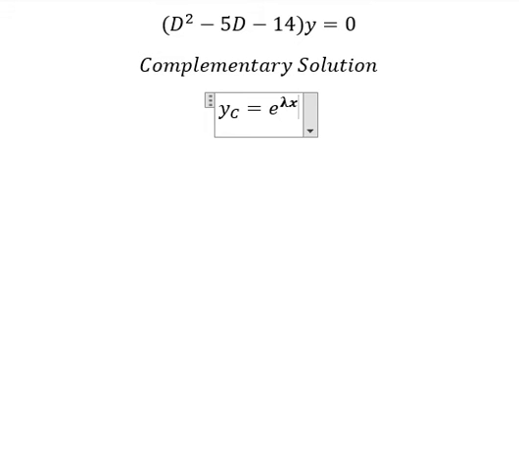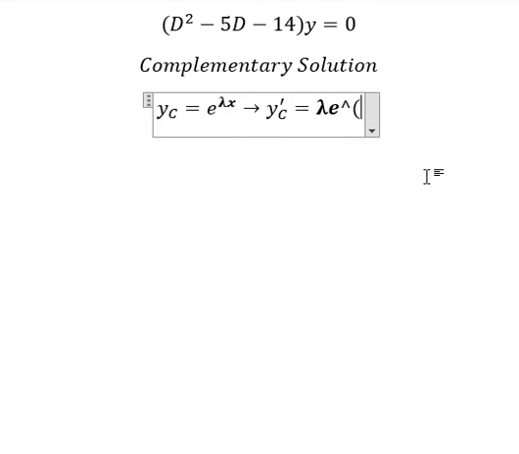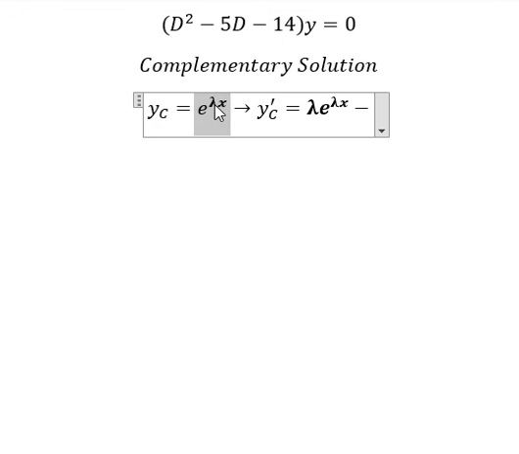If I take the first derivative of this one, we have lambda e to the power of lambda s. Because when we take the first derivative, we keep e to the power of lambda s, then the derivative of lambda s gives lambda.